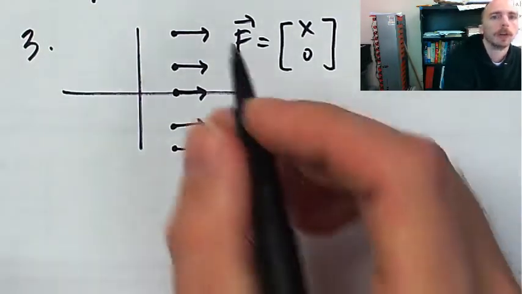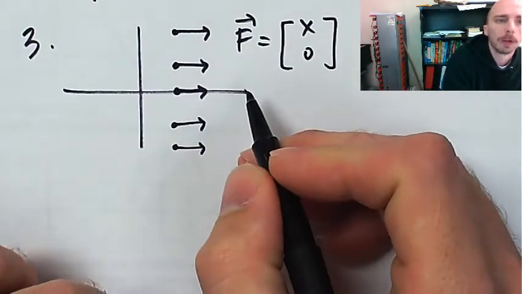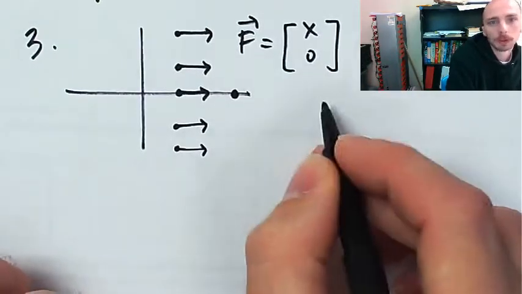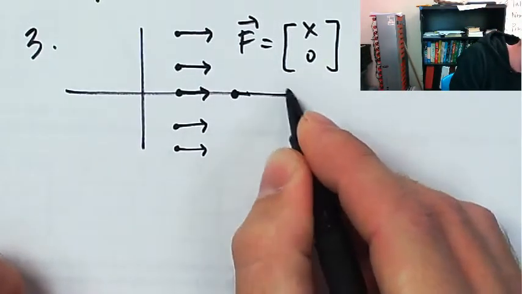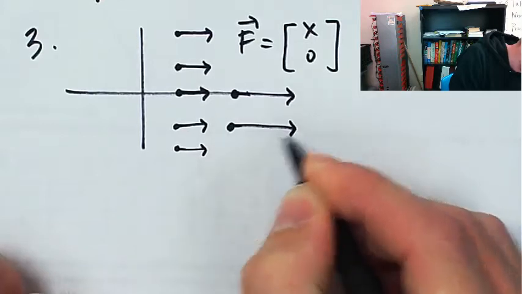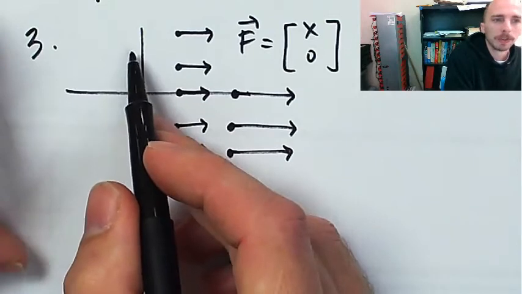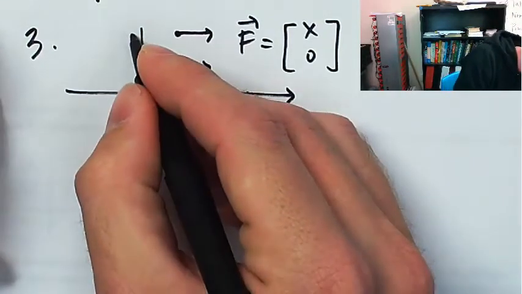Then I might go over here to where x is a little bit bigger. Where x is bigger, this coordinate would be a little bit bigger, and this would be a longer vector. So maybe something like that. A few of these. And over here where x is negative but small, I'd have a short vector.